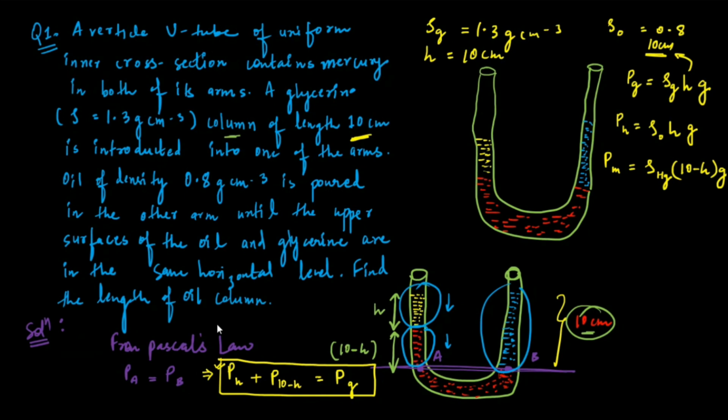I do not know the density of mercury. Density of mercury is generally 13.6. Keep that in mind. Sometimes it will be given, sometimes it will not be, so try to memorize 13.6. Times 10 minus h is equal to 1.3 times g times 10.